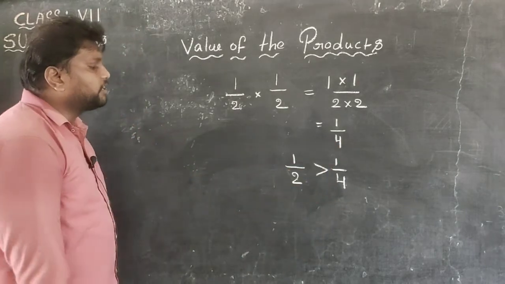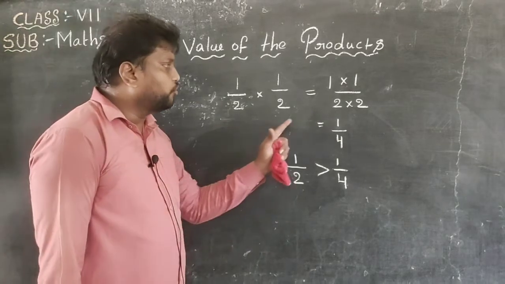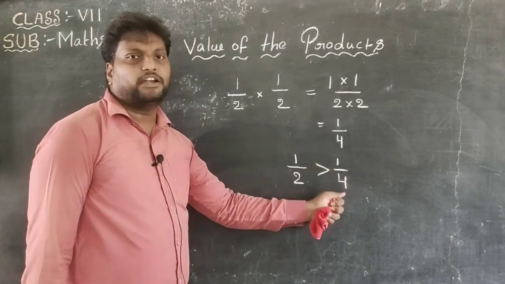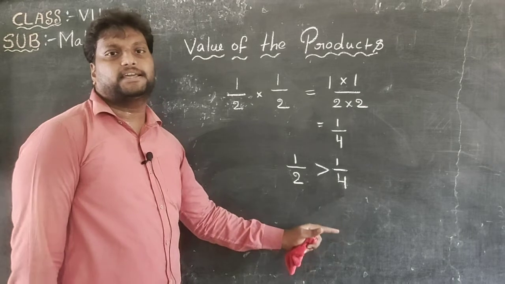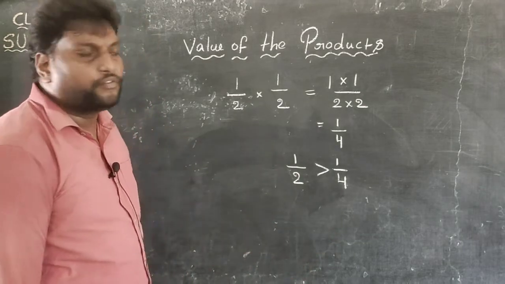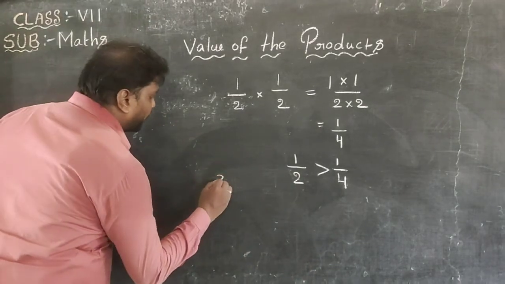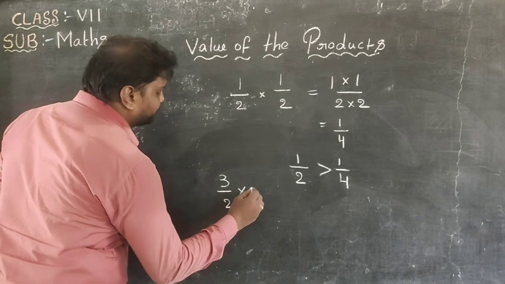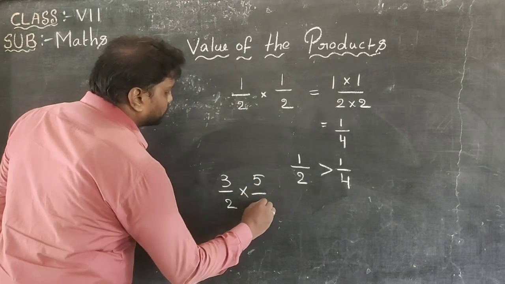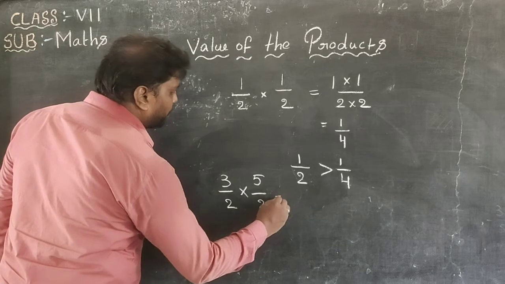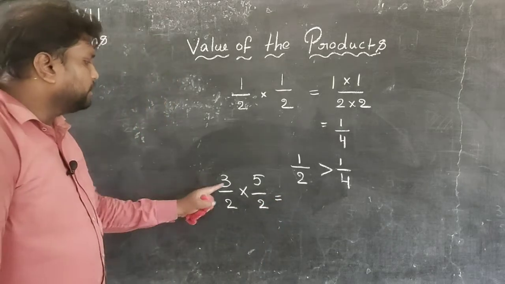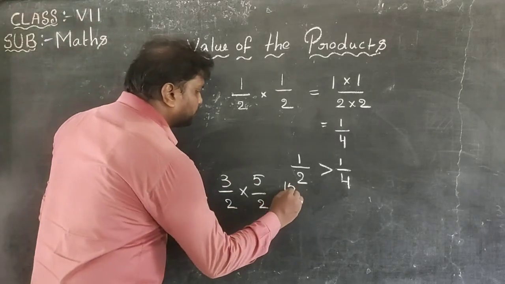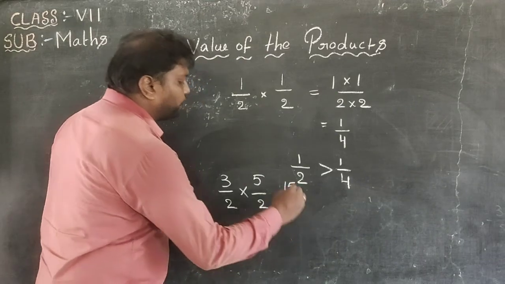See, the product of two proper fractions will give a resultant value that is always less than the given fractions. Like that, the product of two improper fractions, what will happen? See, 3 fives are 15, 2 twos are 4.